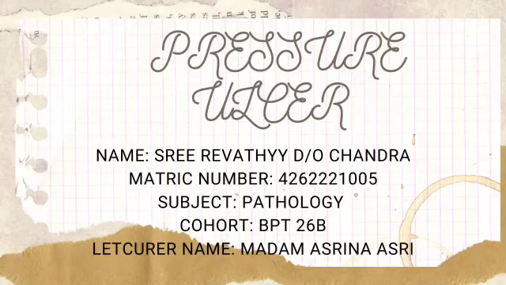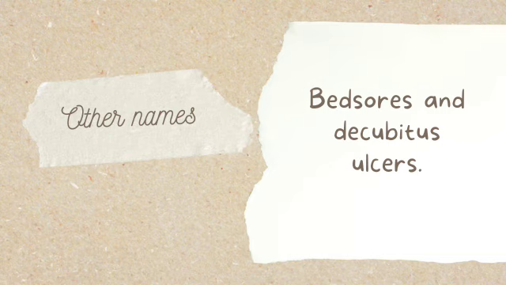I'm from BPT 26B. Today, I'm going to talk about pressure ulcer. Pressure ulcers are also known as bed sores and decubitus ulcers, which are injuries to skin and underlying tissue resulting from prolonged pressure on the skin.